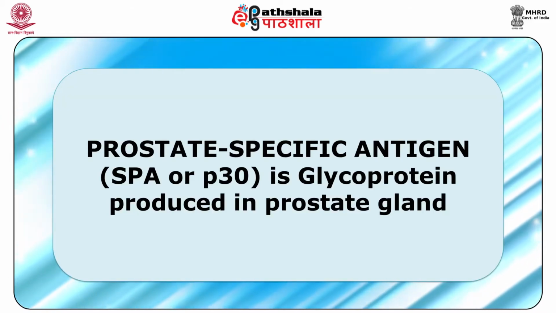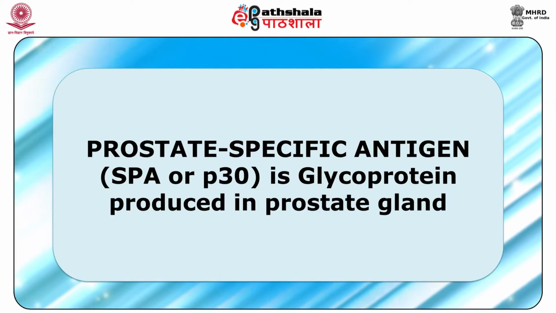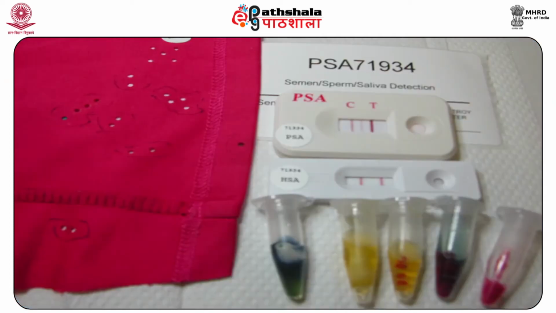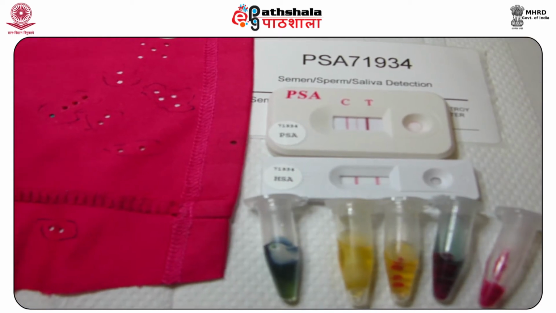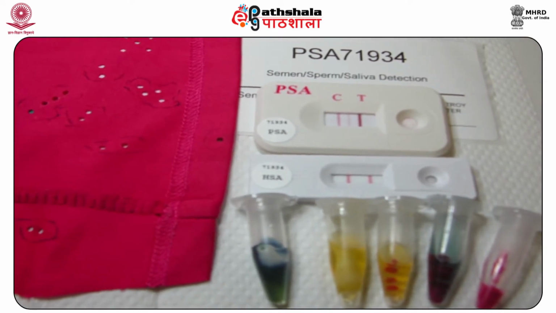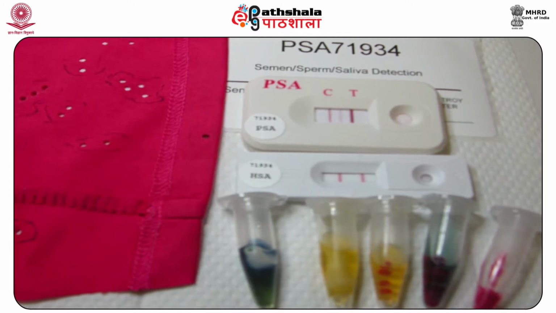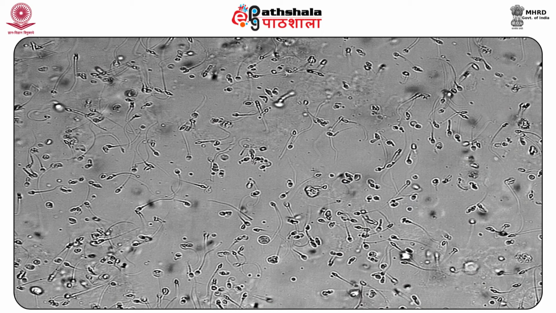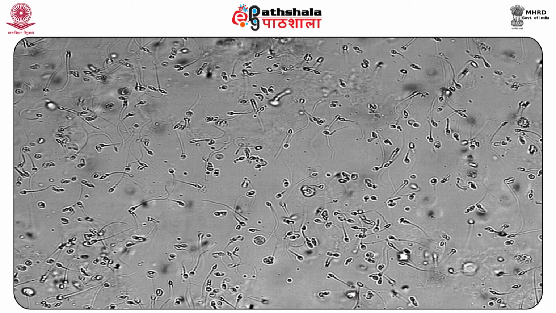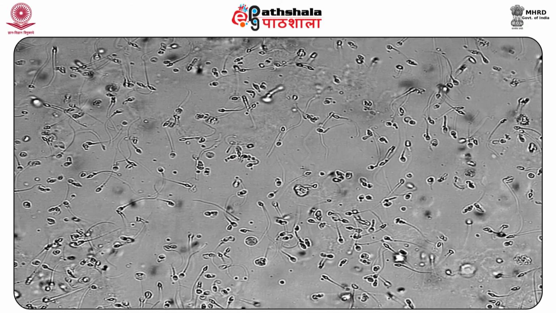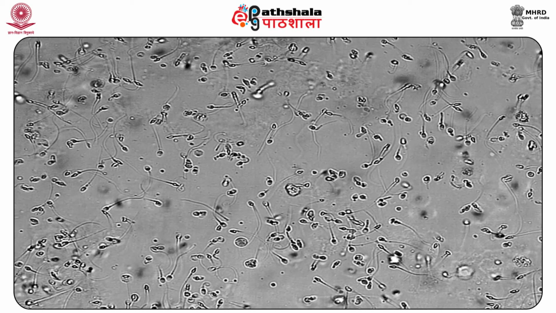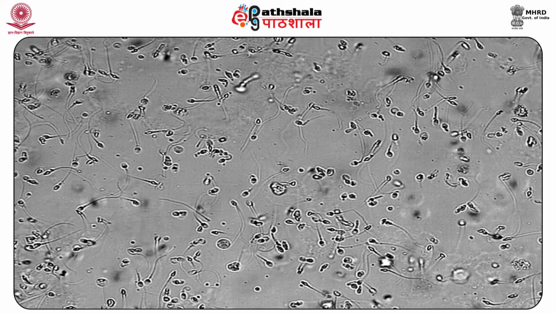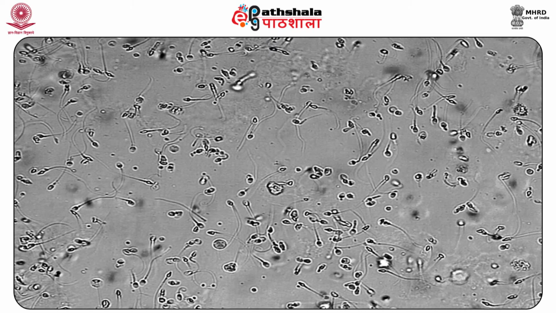Prostate-specific antigen, also known as PSA or P30, is a glycoprotein produced in the prostate gland. This is equally useful in detecting the presence of semen, though is once again only a presumptive test as PSA is also found in urine. The microscopic detection of sperm is a more confirmatory method of discovery. Using microscopic equipment, it is often possible to view the sperm cells, proving their presence.